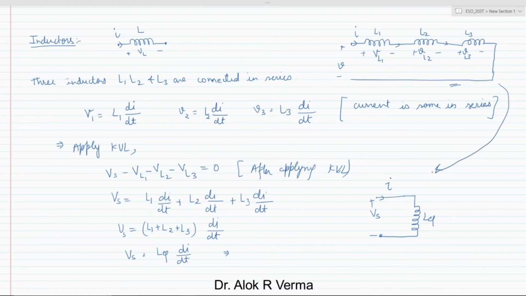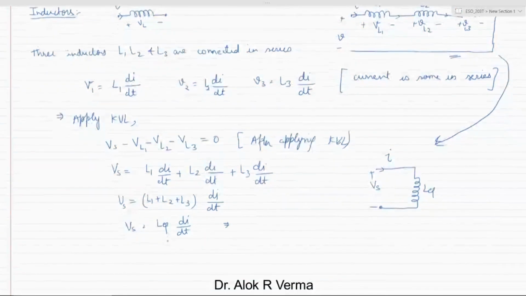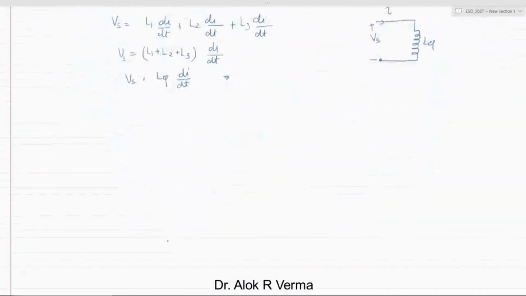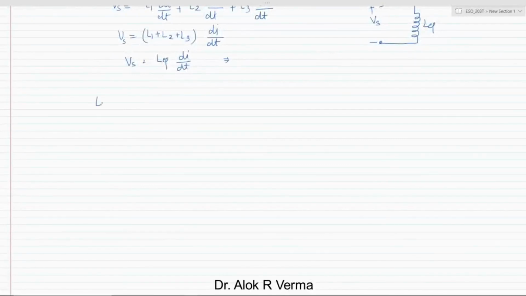When we talk about this circuit, the L equivalent is given as L1 plus L2 plus L3. Similarly, if there are n components connected, then the value of L equivalent will be the sum of all the series inductances connected in the circuit.